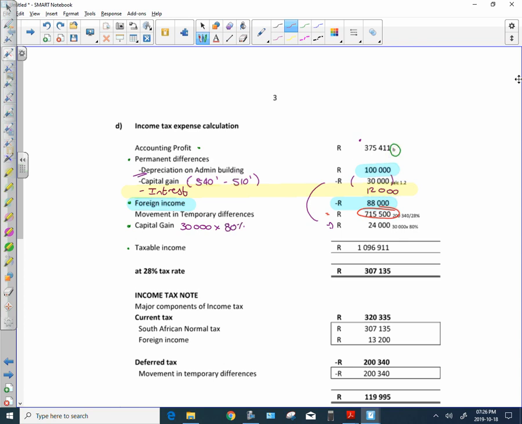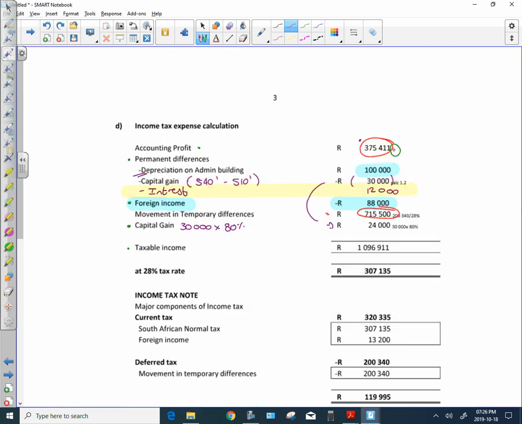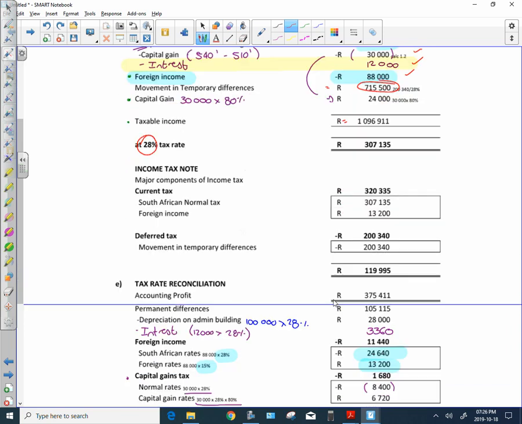Right, so added. We've discussed this profit comes straight from your answer in B. 375,411. We've done the depreciation. All of these things we've discussed. Obviously, your answer here would differ because of that 12,000. Times that by 28%, and that gives you your tax expense.